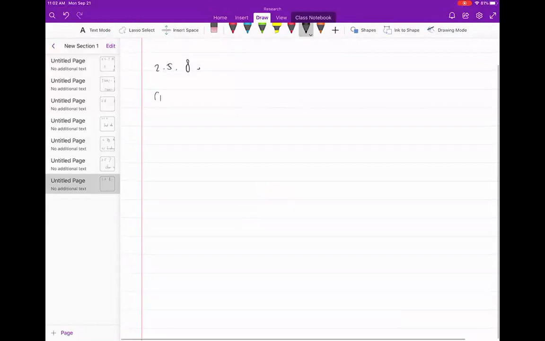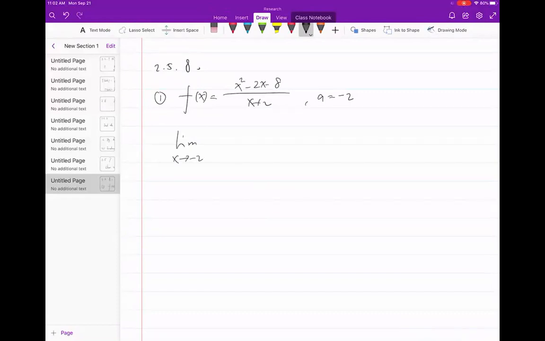First one, f of x, at a equals -2. So what we want to do is simplify it and plug in -2. See what happened.